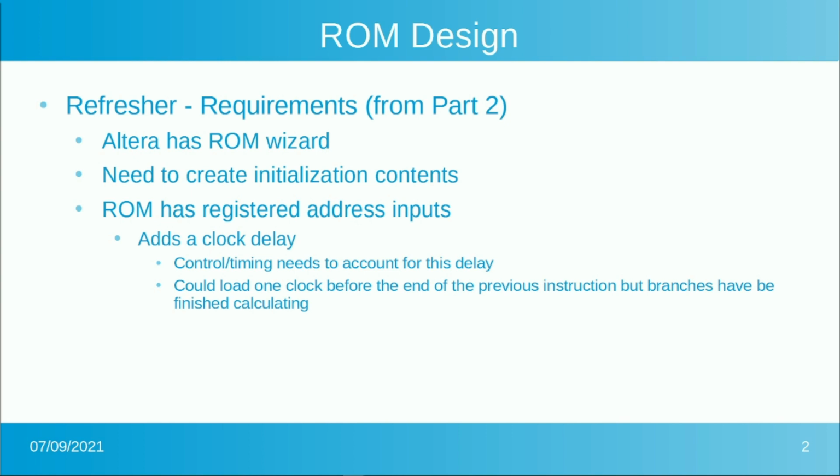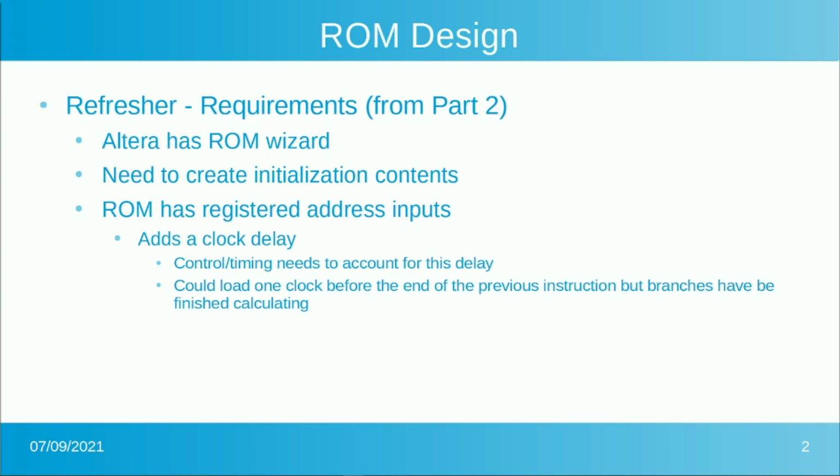The ROM has registered address inputs, so we have to remember when it comes to the control and timing section that it's going to add a delay between when we have the address present at the ROM and when the data comes out from the ROM: 1 clock later.